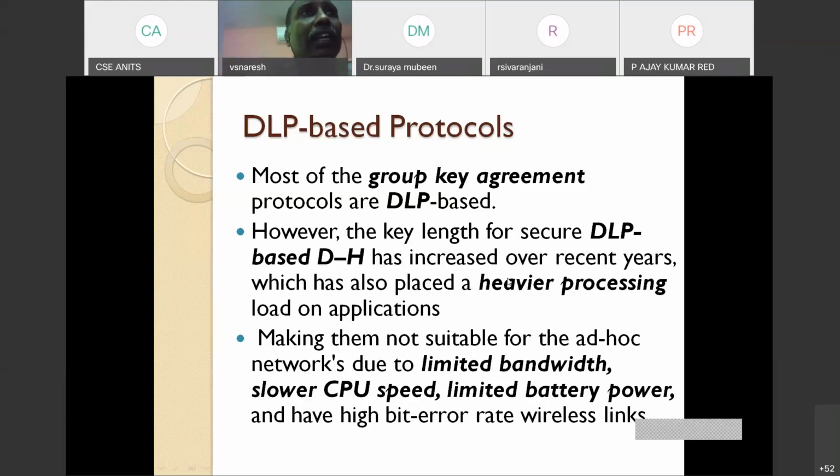So due to limited bandwidth, slower CPU speed, and limited battery power on wireless links, it is going to be difficult. Okay, so you need another alternative for this DLP based protocol. Is it clear?